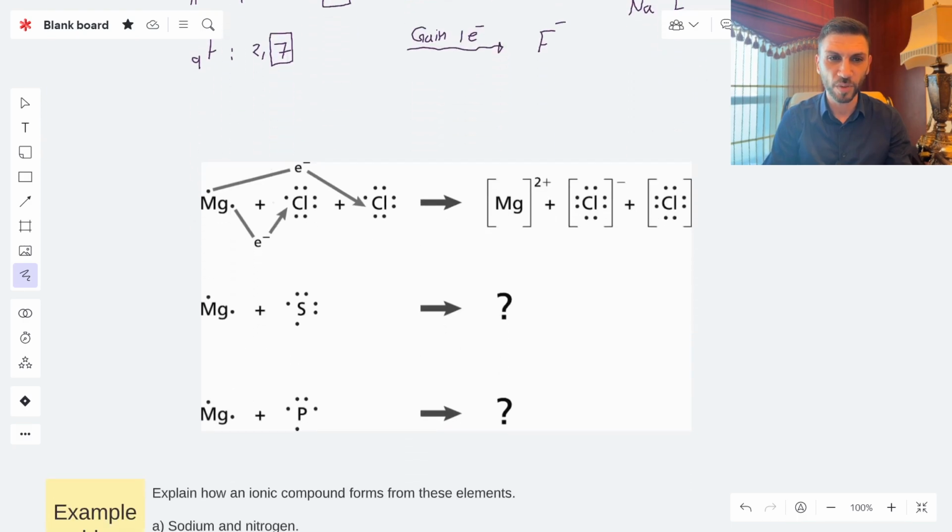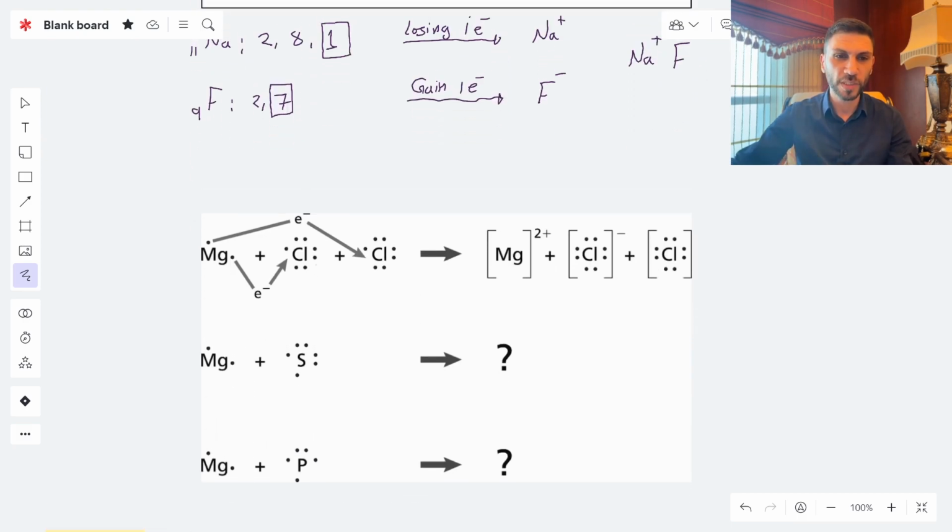Let's have this example. For example, the magnesium atom, Mg, has 12 electrons from the periodic table. So the electron configuration is 2, 8, and 2. According to the octet rule, we need to get rid of these 2 electrons. So it's going to lose 2 electrons to become Mg positive 2.